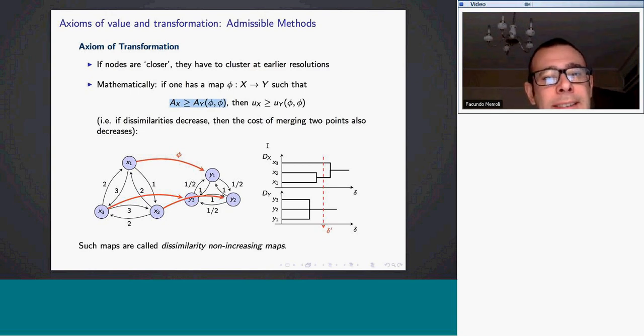What we require is that if two nodes are co-clustered in X at some value delta, then the two nodes via the map phi also need to be co-clustered at value delta in the target Y. If we were talking about this in categorical terms, we call them again the similarity non-increasing maps.